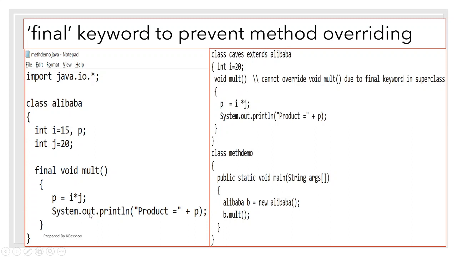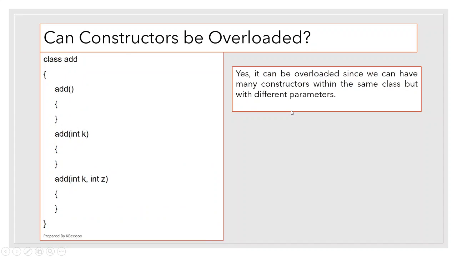We cannot change void mult that appears here. Because final is in front of this method, it's preventing method overriding. We cannot have void mult in the derived class. So these were the three uses of the final keyword.